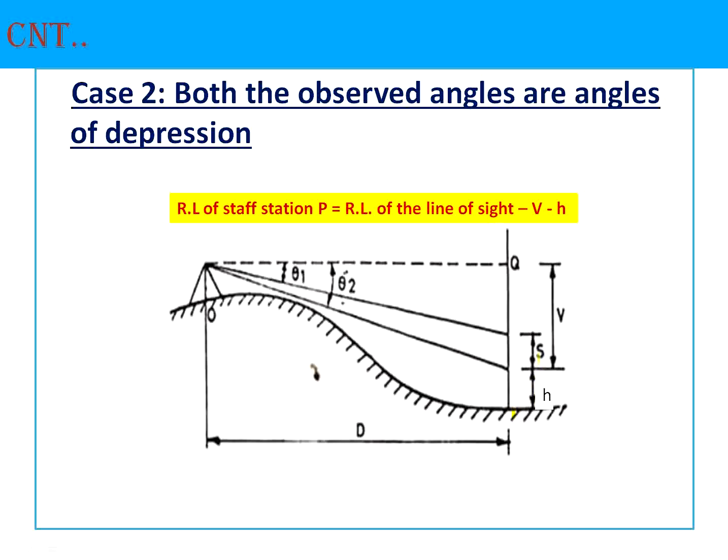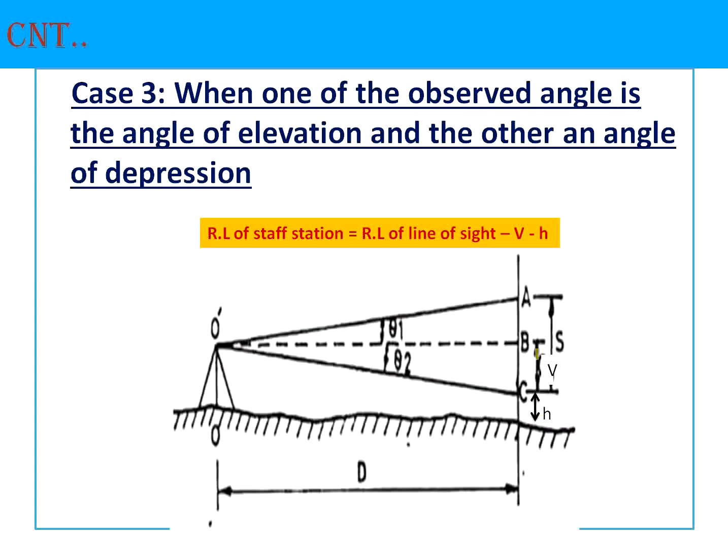Here also H, S and V are marked, and the two vertical angles are marked, so the RL of this ground point you can determine as the RL of the line of sight, that means the height corresponding to Q, minus V minus H. That will give the RL of the ground station.